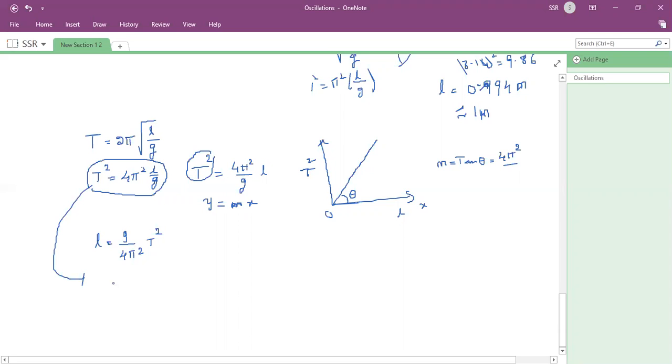Then it is something like y squared is equal to 4ax. What is this equation? Y squared is equal to 4ax.